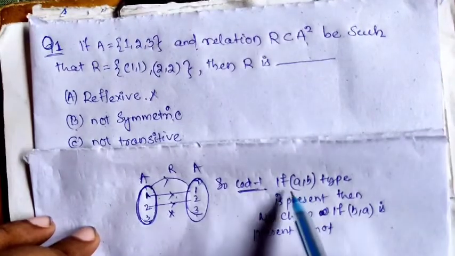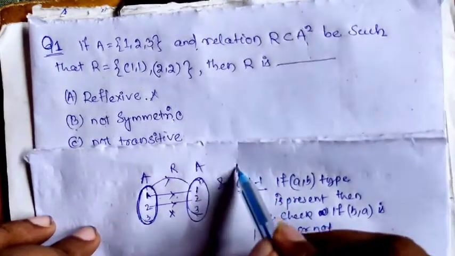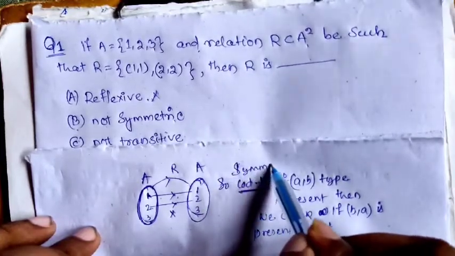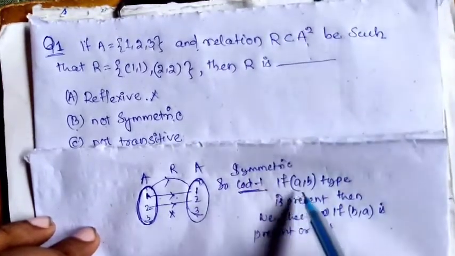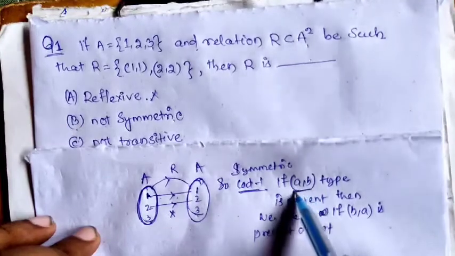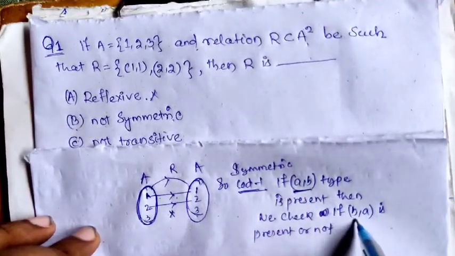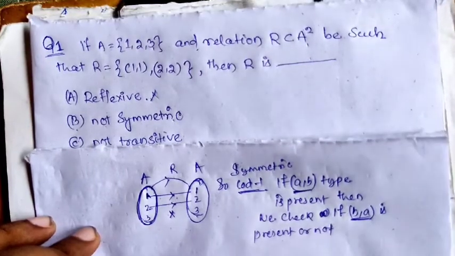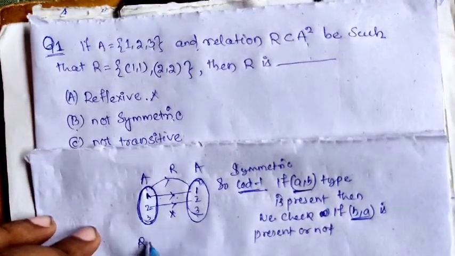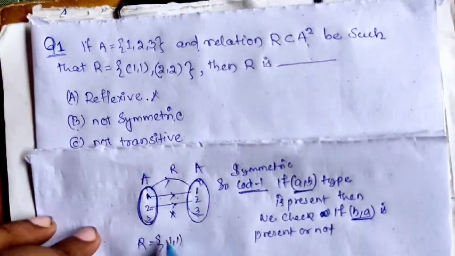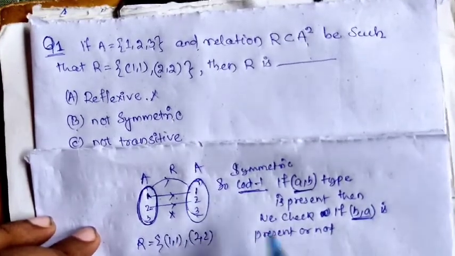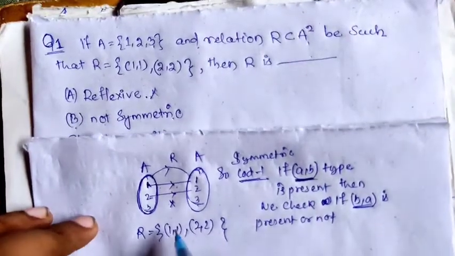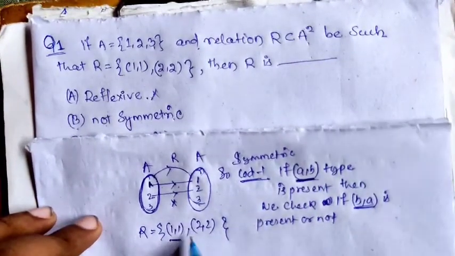For a symmetric relation, if an AB type ordered pair is present, then the BA ordered pair must be in the relation. Here the relation is given, that is (1,1), (2,2). Here an AB type ordered pair is missing.